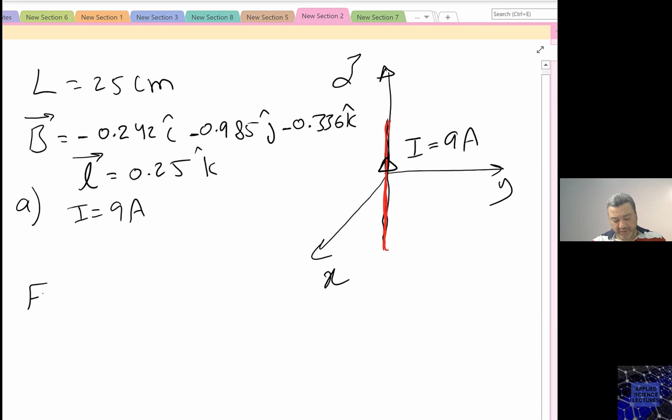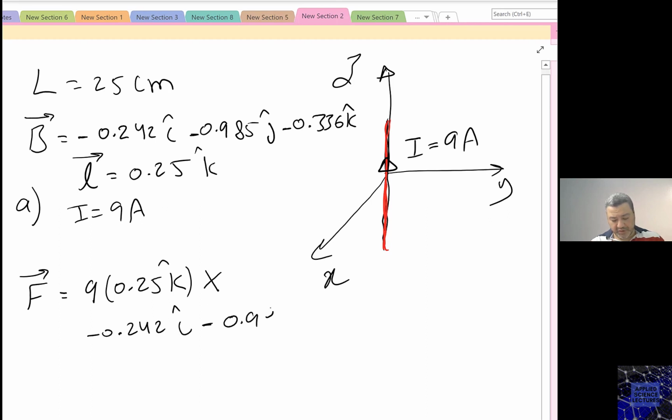So we have F equals 9 times 0.25 k hat cross minus 0.242 i minus 0.985 j minus 0.336 k hat.